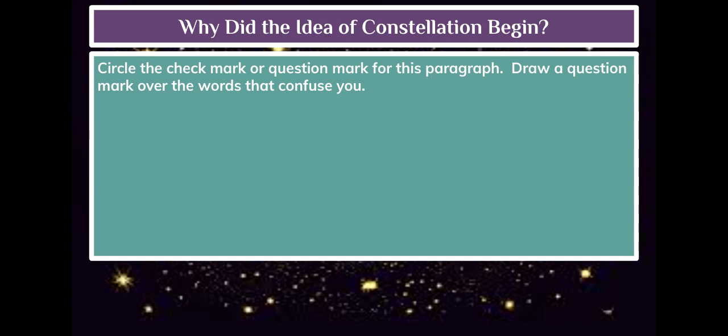Let's read, why did the idea of constellations begin? Circle the check mark or question mark for this paragraph. Draw a question mark over the words that confuse you. Review line 14.